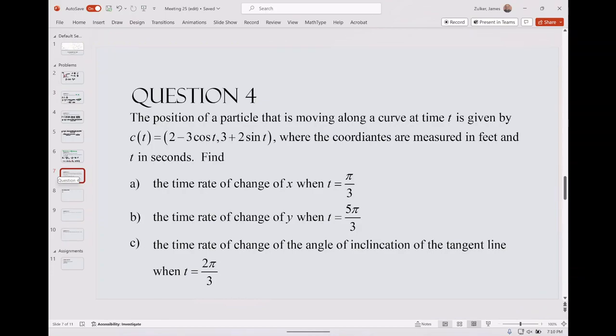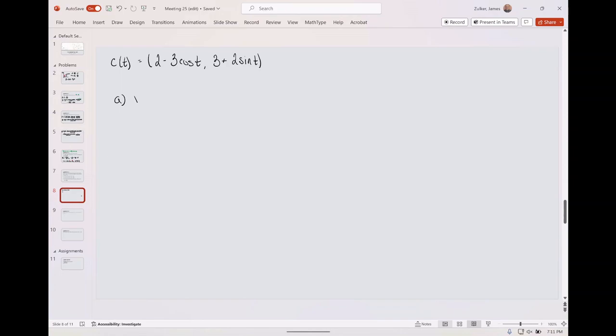Yeah, so for dt, just x dot, isn't it? He wanted it at pi over 3, right? So x dot at pi over 3. So what is x dot?